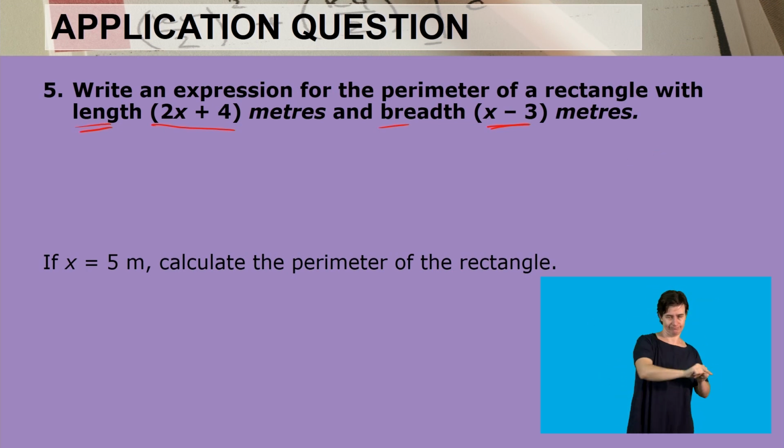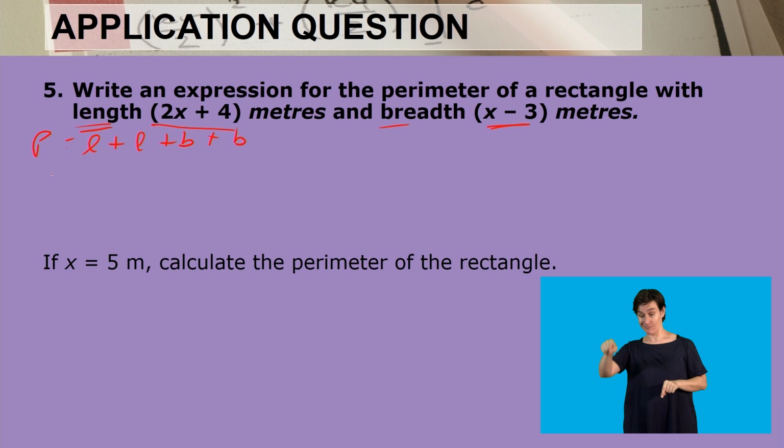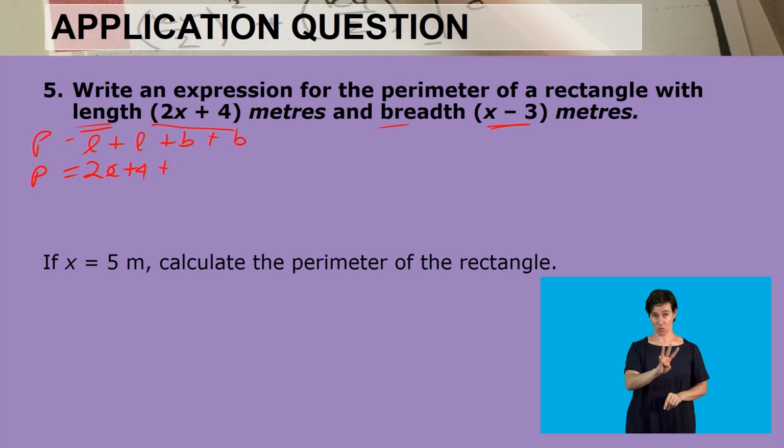So it has 2 lengths and 2 breadths, so it would be written as length plus length plus breadth plus breadth. So that is the perimeter. Which would be given by, in this case, 2x plus 4 plus 2x plus 4 plus x minus 3 plus x minus 3.